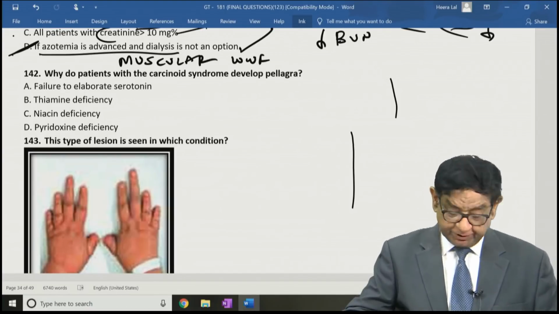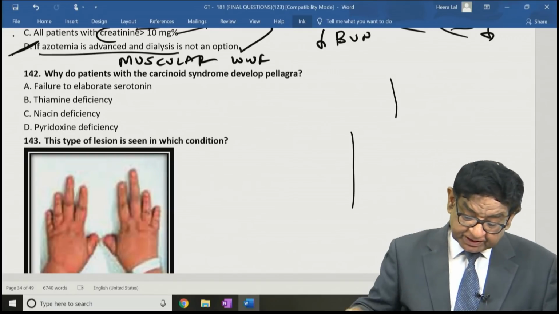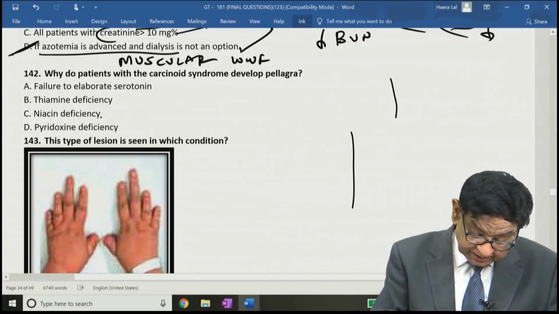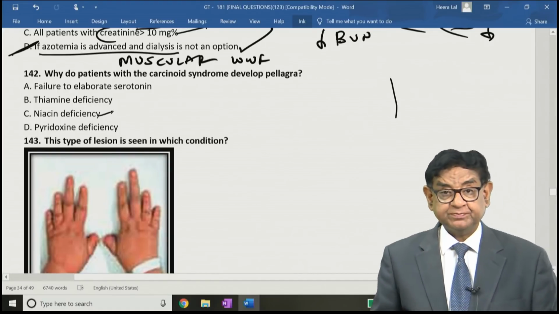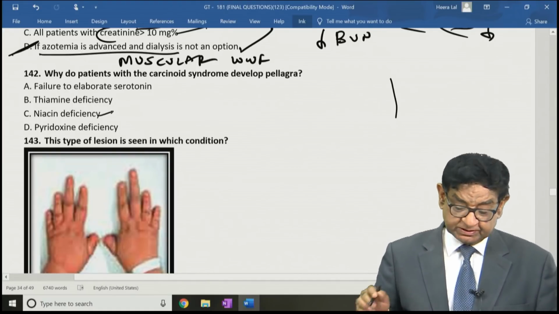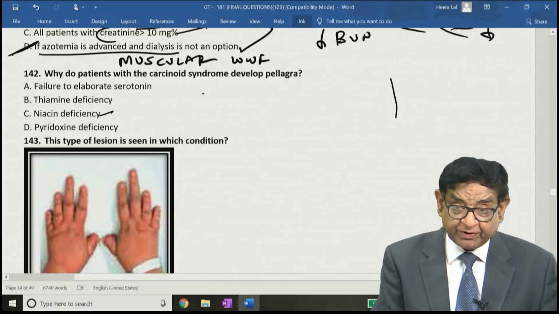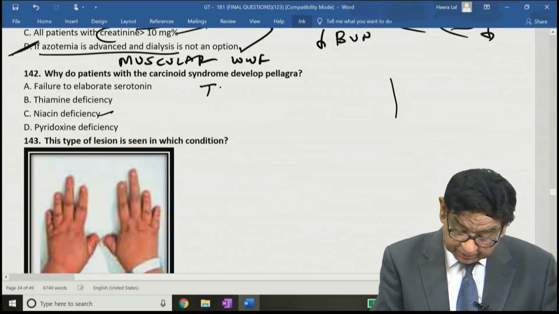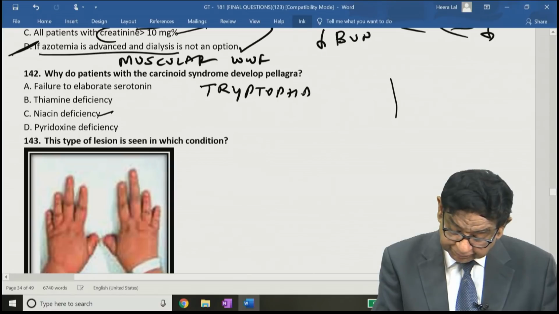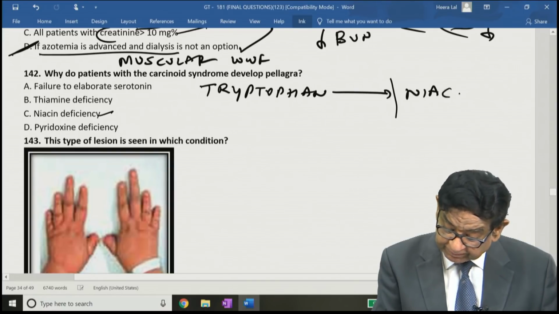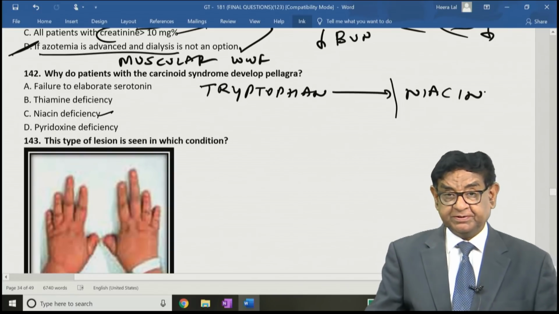Question number 142. Why do patients with carcinoid syndrome develop pellagra? The answer is niacin deficiency. For that, let's learn the basic concept. Normally, if you go for the biochemistry of tryptophan metabolism, tryptophan is converted to niacin. This is the normal reaction.